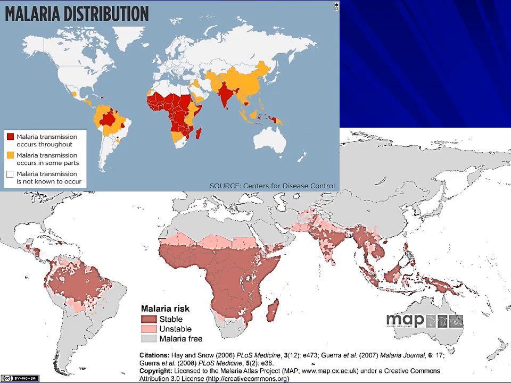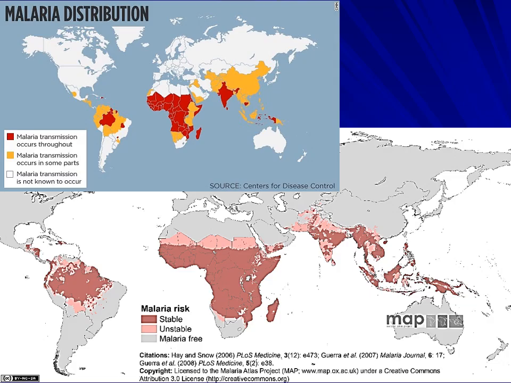Now, the better map is the one that you see in the lower half of this slide, and you notice that in Africa, around the borders of tropical Africa, we have some area in pink, which means that there is malaria in there, but it is not as stable and as endemic as in tropical Africa.